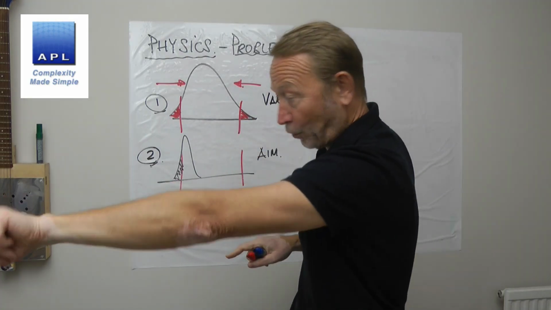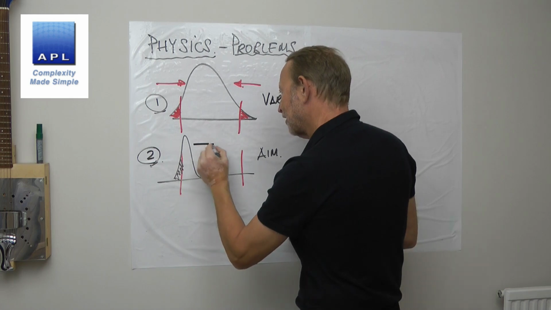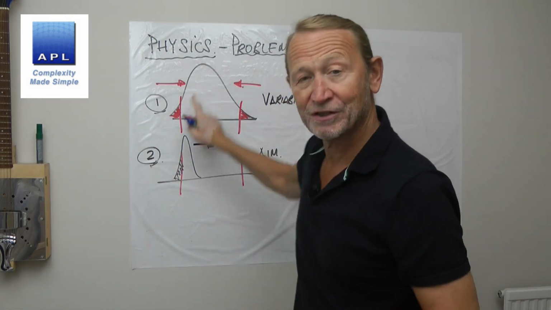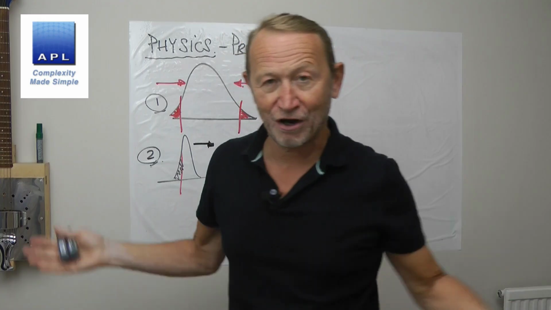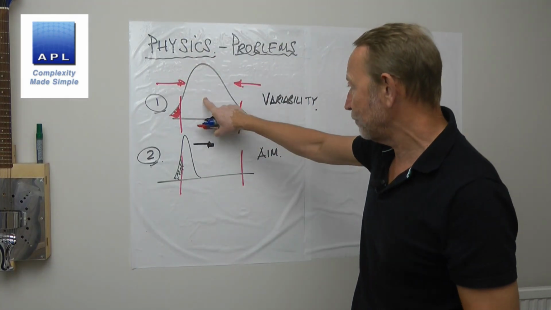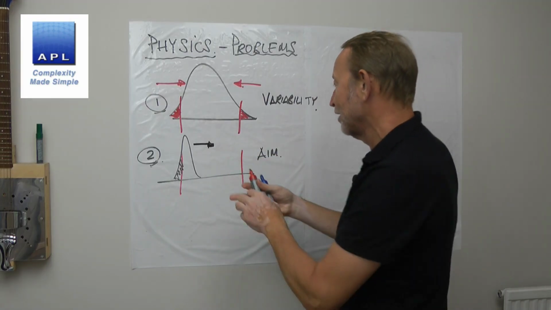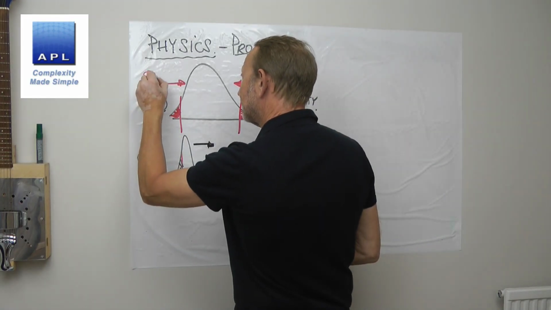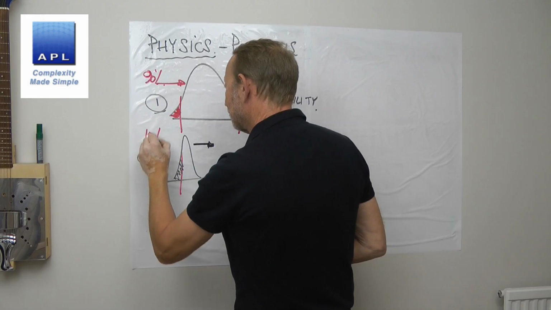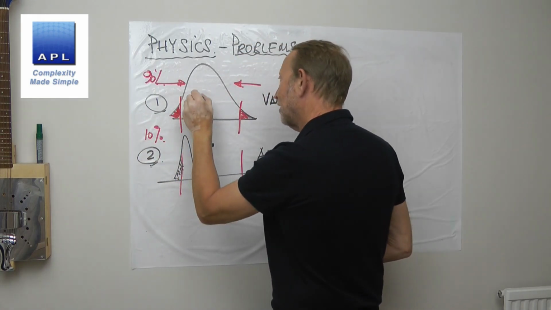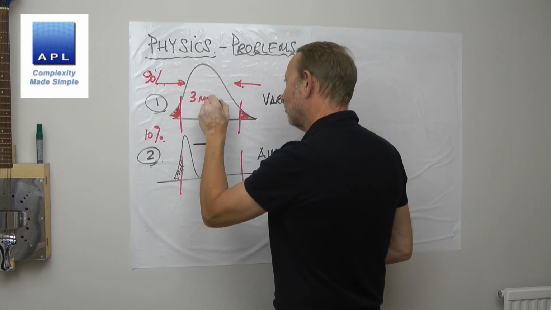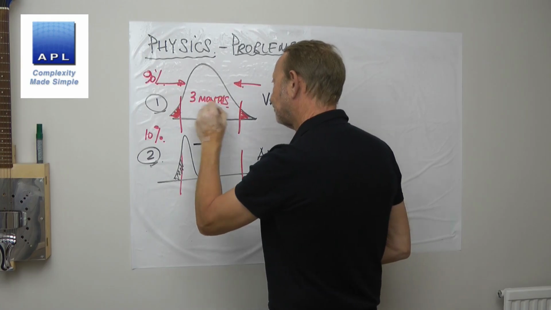Some technician's going to go and put this thing on target. There is no variability dial on the front of the machine telling the technician to do something. So these are difficult to fix, these are easy to fix. So what you tend to find, 90% of your problems are up the top. And by the way, these will take some work, 3 months.